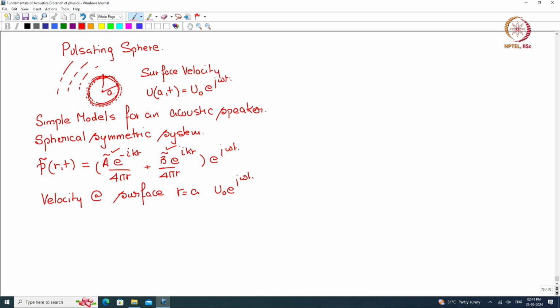Now, this is a system where only outgoing waves will survive. Outgoing waves only, and so B represents incoming waves because of its sign.